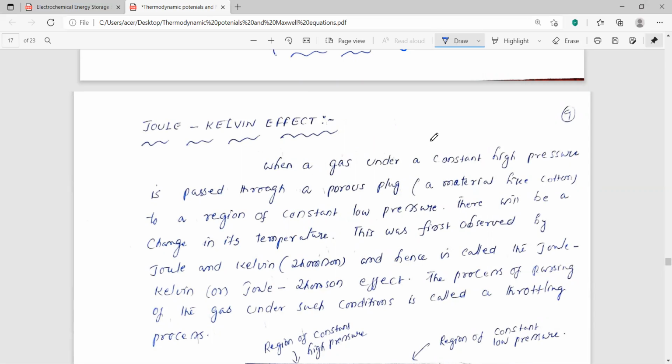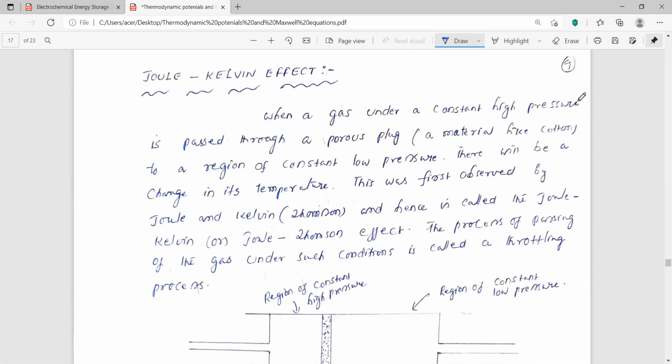What is Joule Thomson effect or Joule Kelvin effect? You see, it is a very important one. At the same time, you must read it. Okay. So, what is Joule Kelvin effect? If you allow gas to pass through a porous plug from the region of high pressure to the region of low pressure, then there will be a change in its temperature.